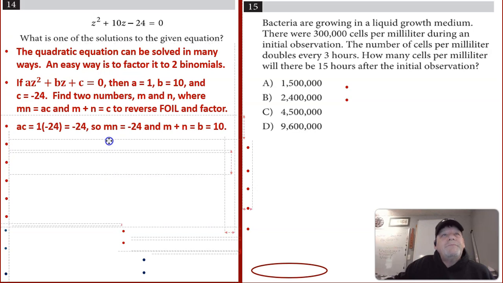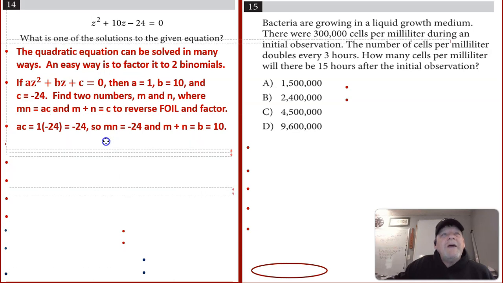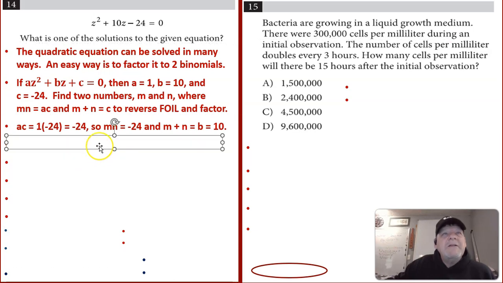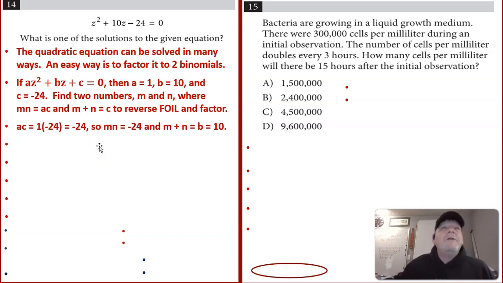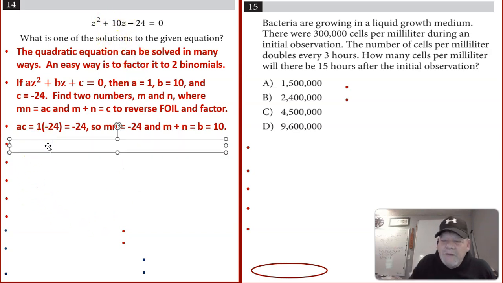So I say that ac is negative 24, 1 times negative 24. So I know that m times n has to equal negative 24 whenever I'm multiplying these out. And then adding them up is going to be my b, which is going to be my 10 in the middle. Okay?